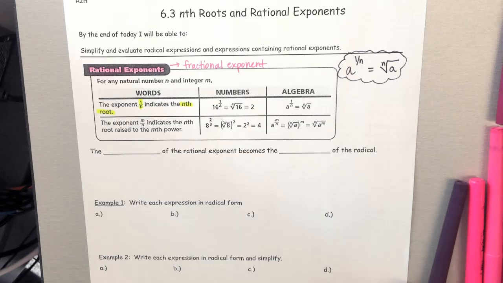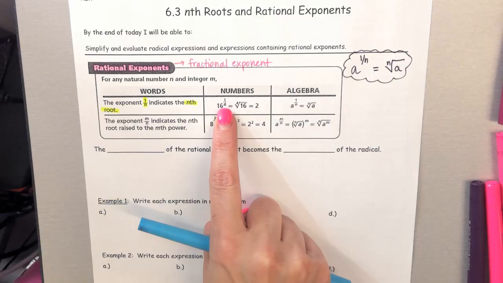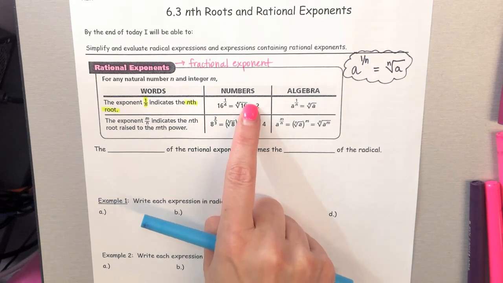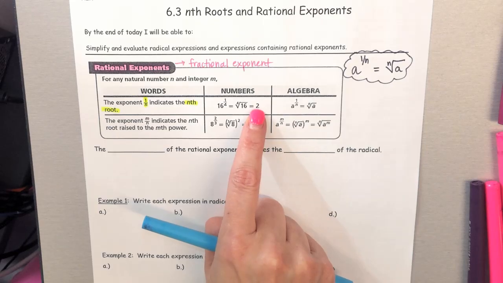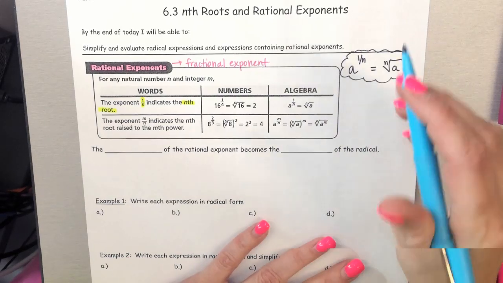Okay, so they give you an example here. If you had 16 to the 1/4, that would be the 4th root of 16, and that does simplify. It's a perfect 4th root.